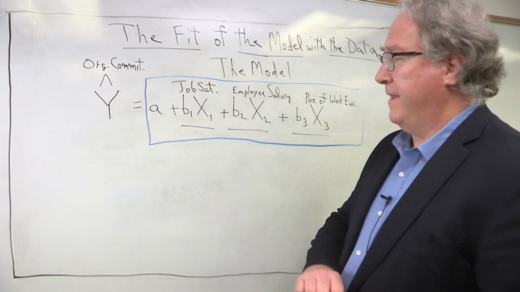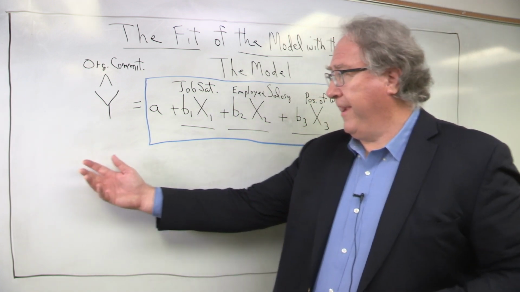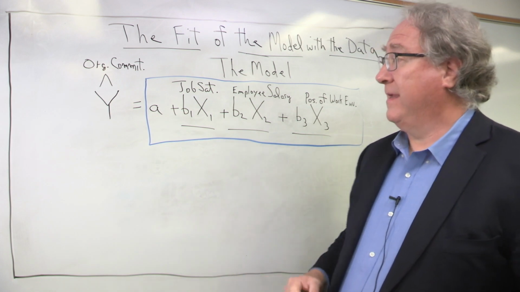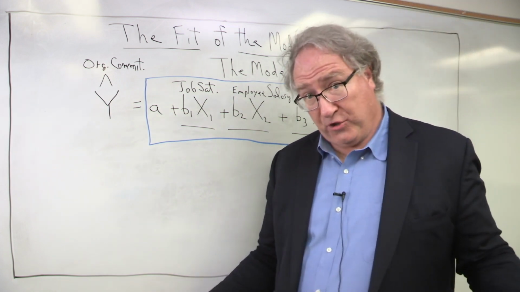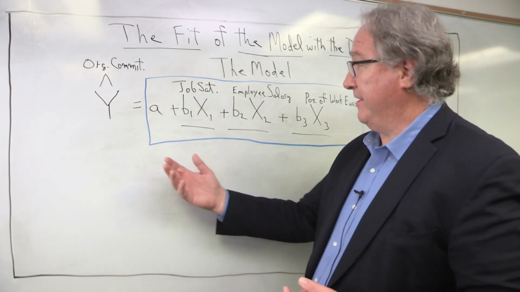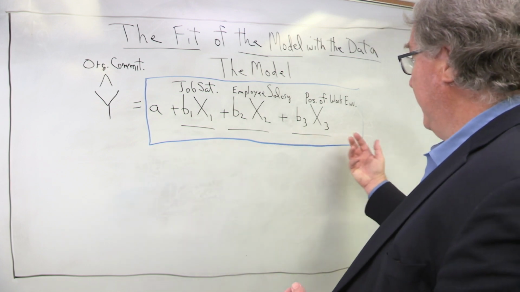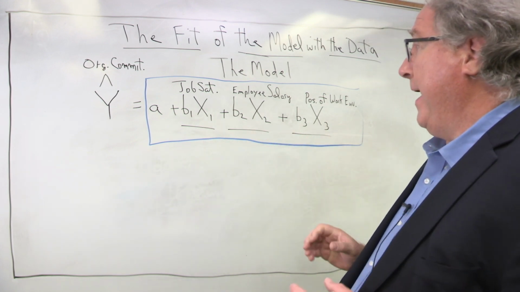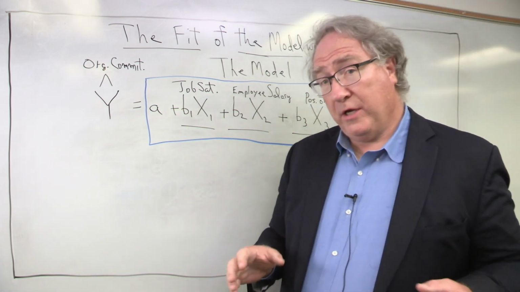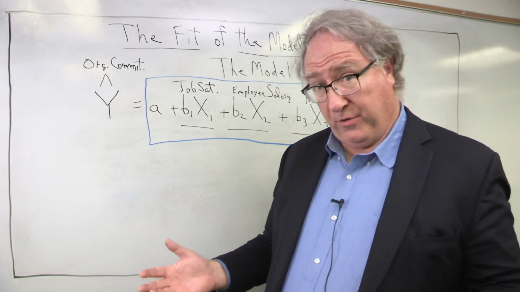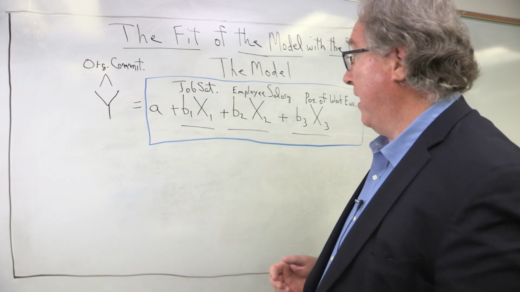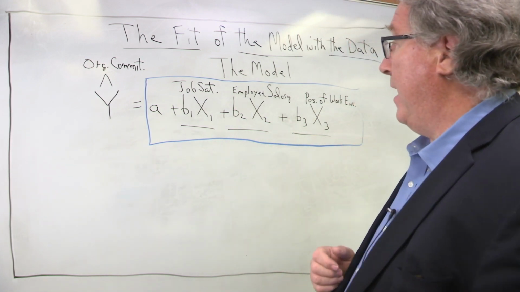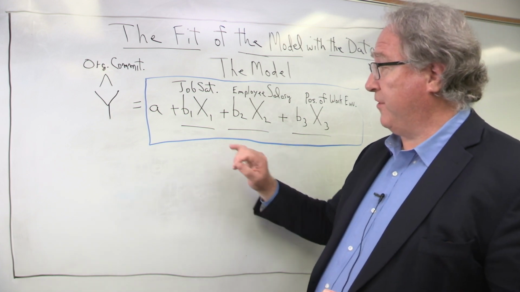Right there. So this whole thing, including the y hat, is the regression equation. But this part right here is the model. Okay? And what I want you to pay special attention to here in looking at the model are the predictor variables.